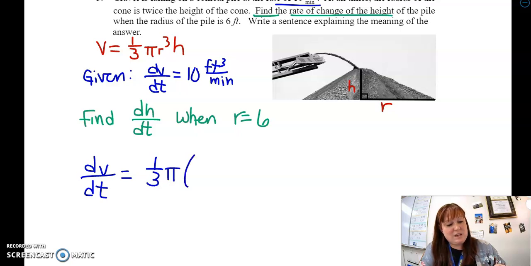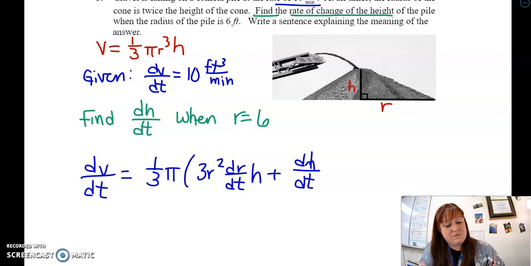So this is going to end up being 3r squared h. That's the derivative of the first times the second plus the derivative of the second: the derivative of the first, dr/dt, times the second, plus the derivative of the second, which is dh/dt, times the first.